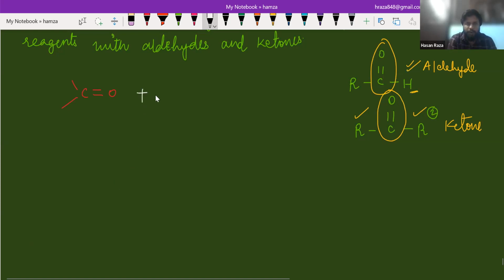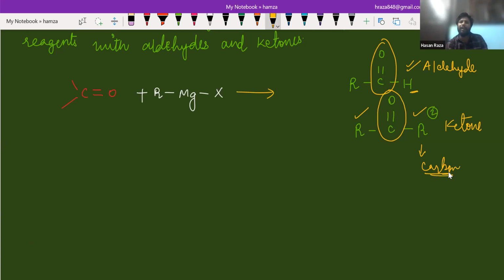So if this is going to react with RMgX, can you tell me which one is more electronegative? R, that means the alkyl group, carbon, or magnesium, which is more electronegative? Just answer me, it's very simple.